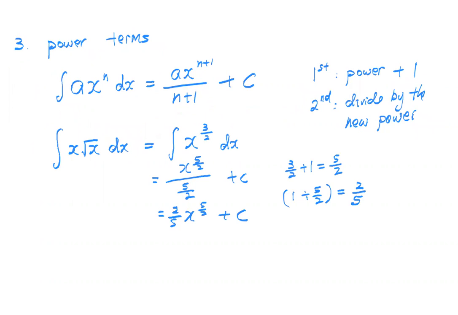What should you add to here? In order to use this rule, can I use it for any value of n? No. n cannot be -1. Please write it down. Please remember, n cannot be -1 if you want to use the power term rule.